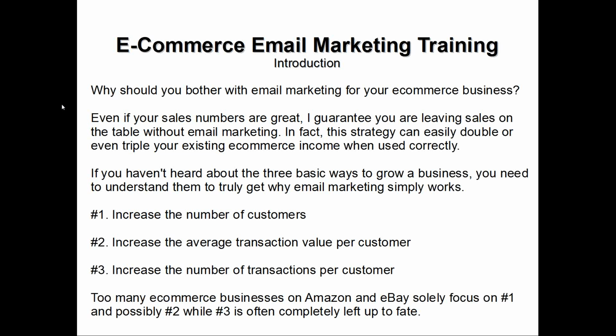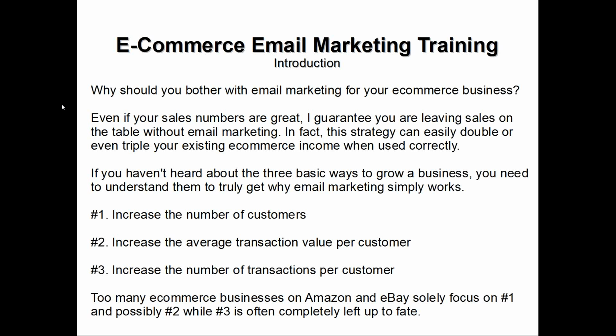On Amazon, you oftentimes will see a product for sale, and then Amazon will also try to get you to buy these accessories. They'll show you what people commonly purchase with that particular product. They're trying to upsell you. That is their way of increasing the average transaction value per customer.